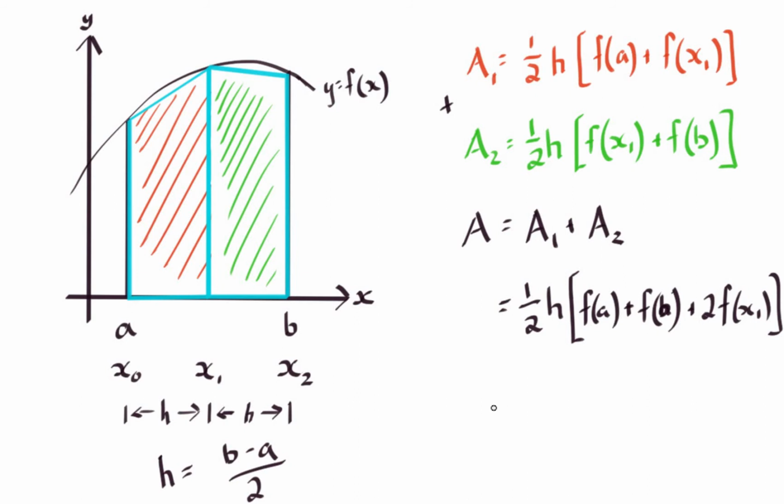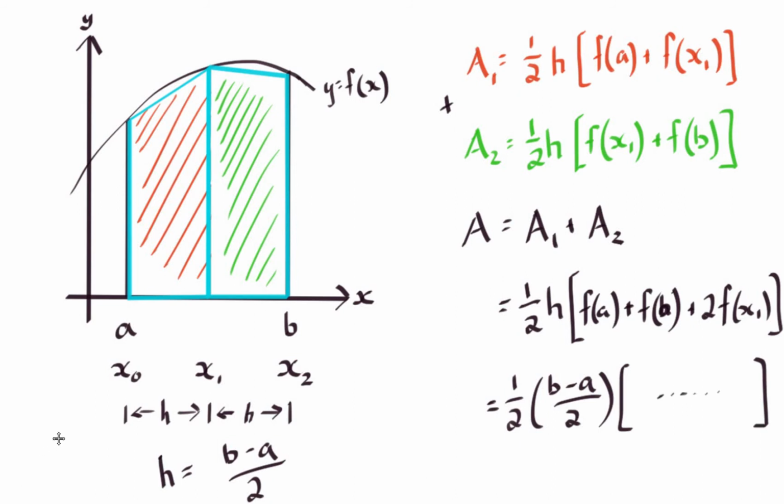So for this specific case, we could say that it's 1/2 times b minus a on 2. That's our h value. Although in general that could be n if we had n trapeziums, and then we still have the same thing as above.